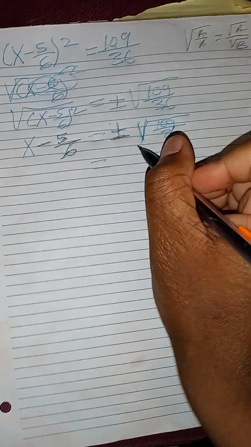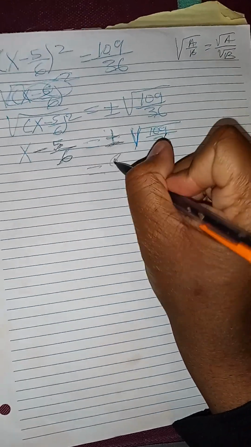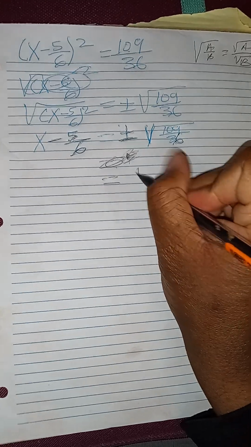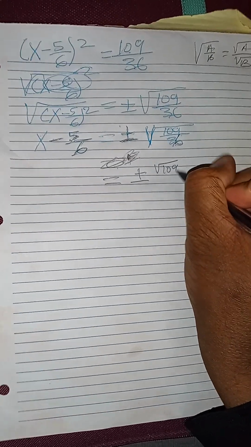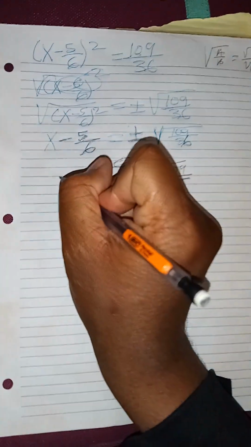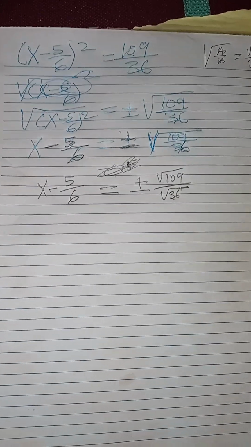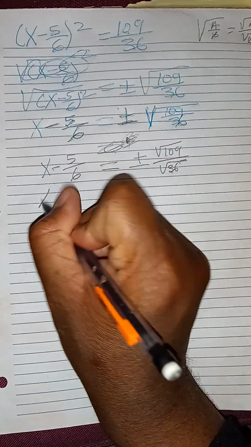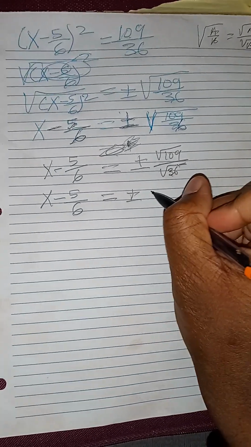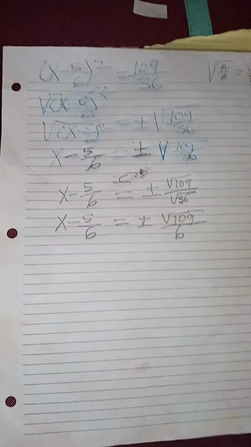So on the right-hand side of the equation, plus or minus the square root of 109 over the square root of 36. Bring down the left-hand side of the equation, (x - 5)/6. So (x - 5)/6 is equal to plus or minus the square root of 109 over 6, because the square root of 36 is 6.